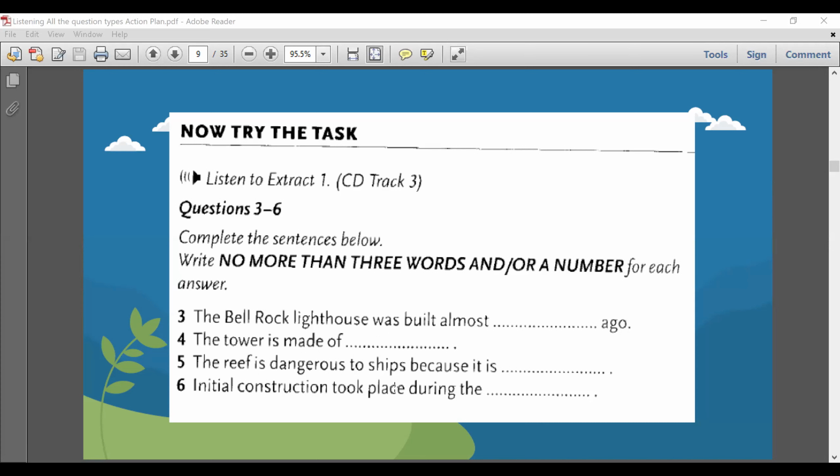But in fact, despite what it looks like, the tower is actually built on a sandstone reef which lies just under the waves. Because the Bell Rock is under water for so much of the time, it has always presented a great danger to shipping, and many ships were lost over the centuries.